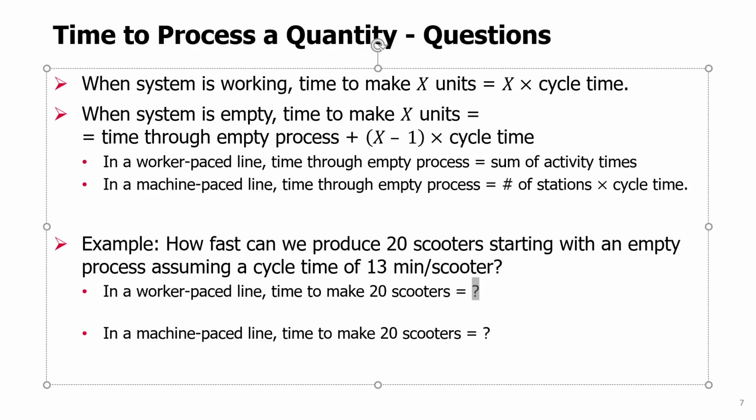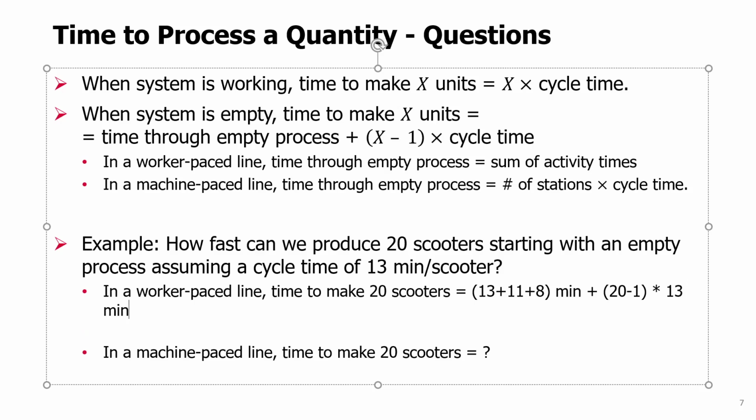Well, if it is a worker-based line, remember, it will take 13 minutes for the first worker, 11 minutes for the second, and 8 for the third. So this will be the time to make the first scooter. And then it will take 20 minus 1 times 13 minutes to make every additional scooter, so each of those 19 scooters.